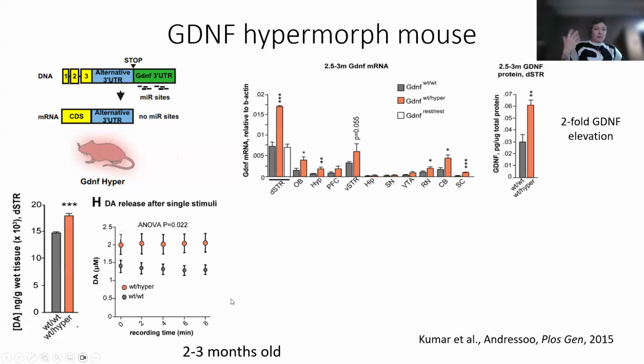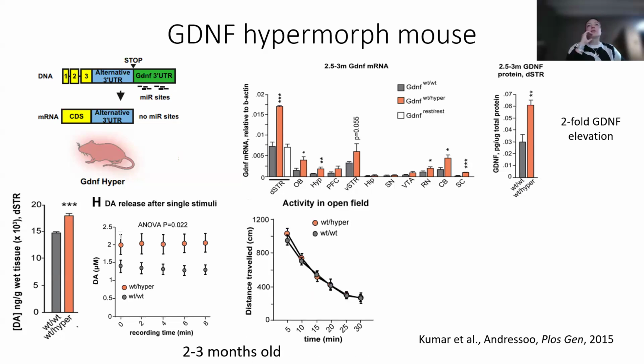Therefore, we were expecting to have some motor responses or some changes in the motor function of these animals, particularly whether they were hyperactive, first of all. We tested this in the open field experiment, and surprisingly, we didn't see a difference. These animals were completely normal in terms of open field exploration.